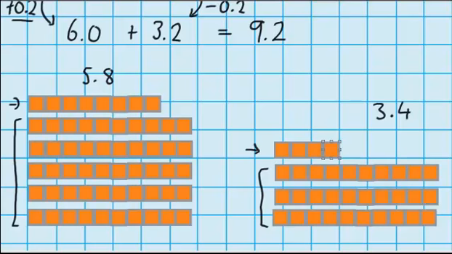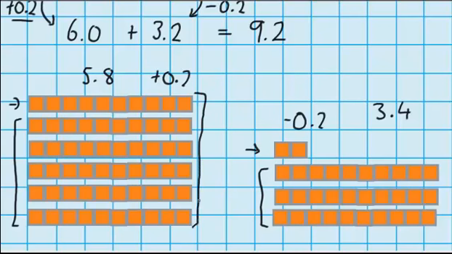So to change the 5.8 into a 6, I had to move some tenths across. So there is 1/10, and there is the 2nd tenth. So you can see that this side just got smaller by 2 tenths, and this side here got bigger by 2/10. And by doing that, we were able to create 6 whole numbers.